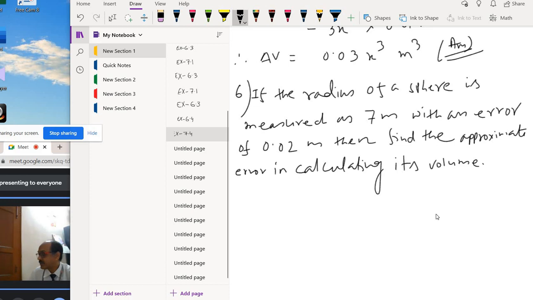Okay, so let R be the radius and delta R be the error.